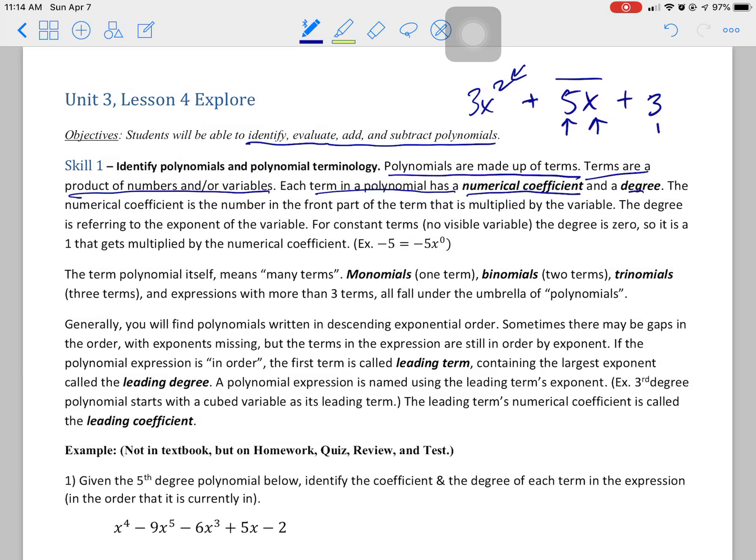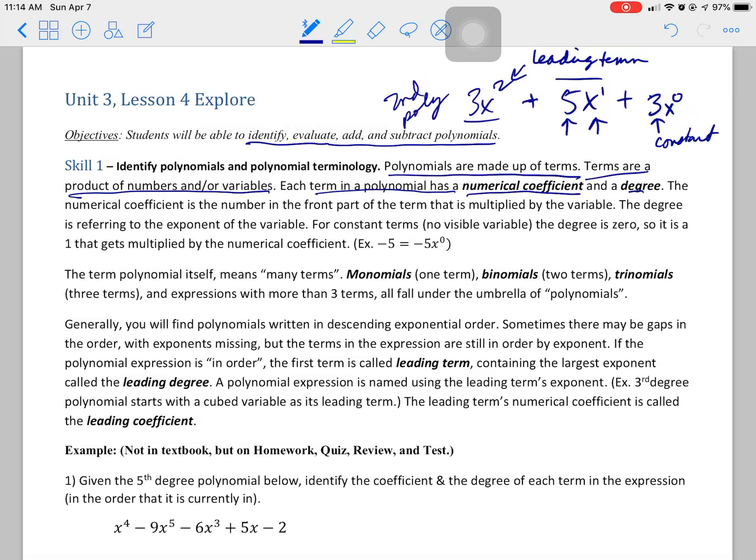The constant terms are the terms that don't have any visible variable. If there was an x here, this would be a 1, this would be a 0. See how they go in numerical order as far as exponents go? This is the leading term. That's why it's a second degree polynomial.